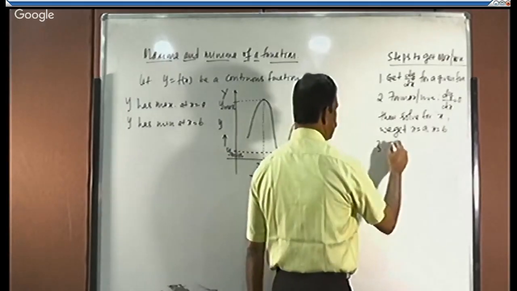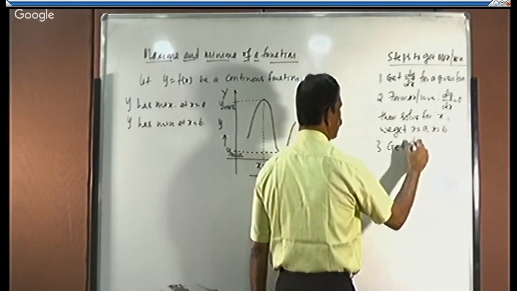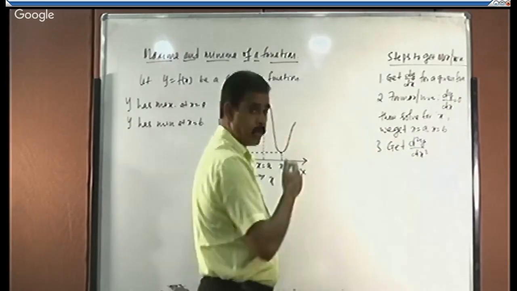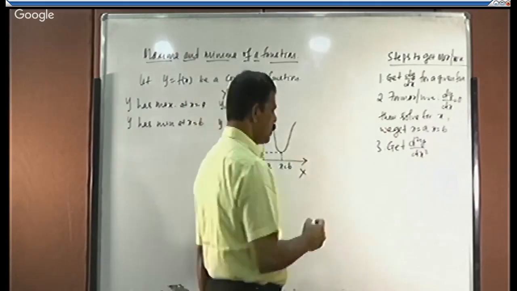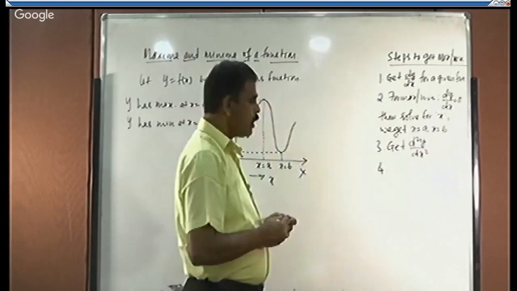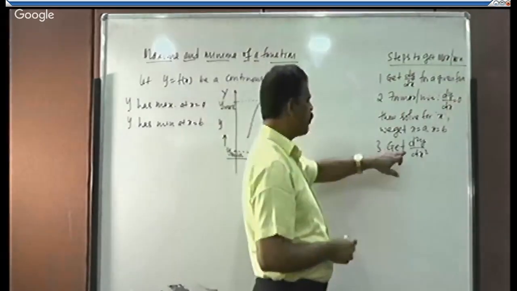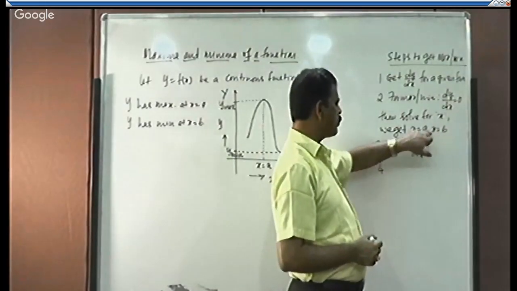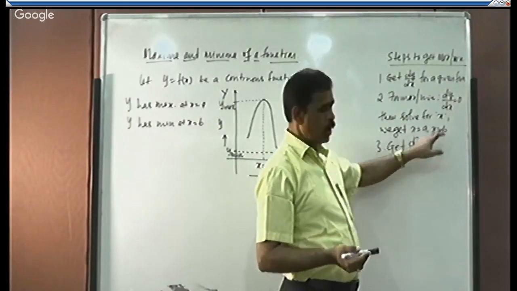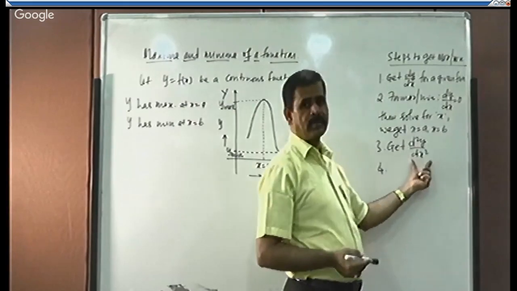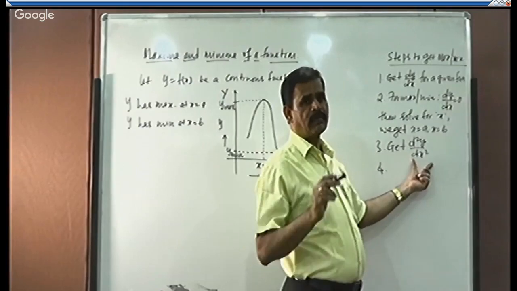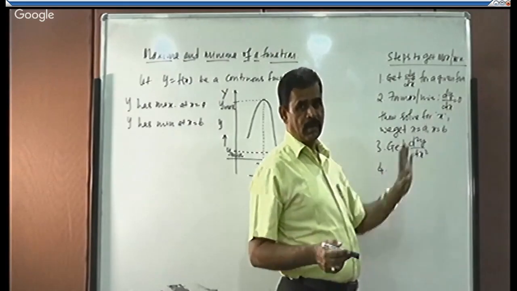Third point is get d square y by dx square. Fourth point is very important. In d square y by dx square, if the values x is equal to a, x is equal to b are substituted separately, you may get a negative value or a positive value. If you get a negative value, that indicates the function has a maximum at that particular value of x.